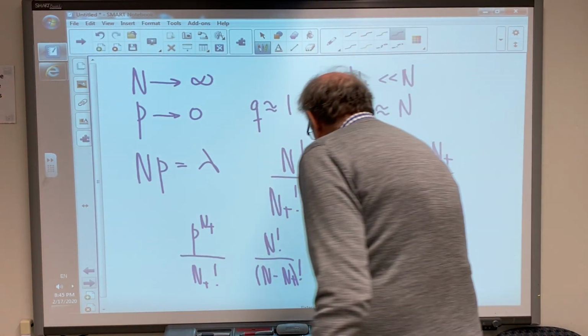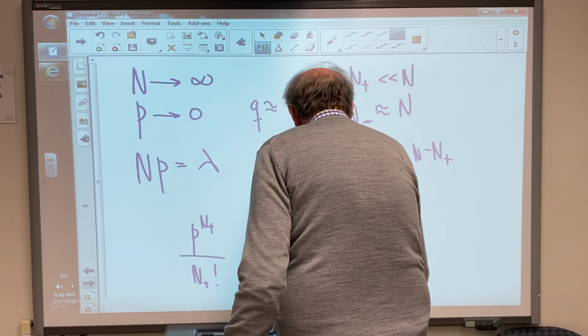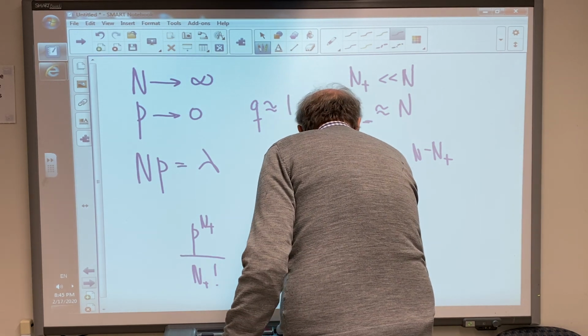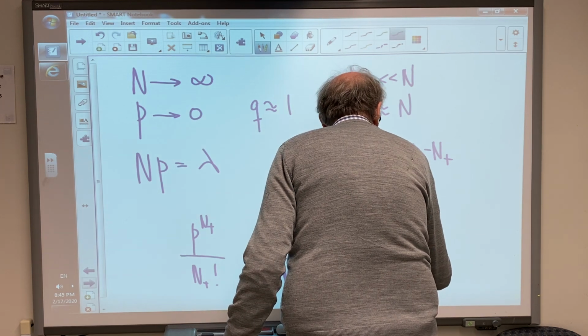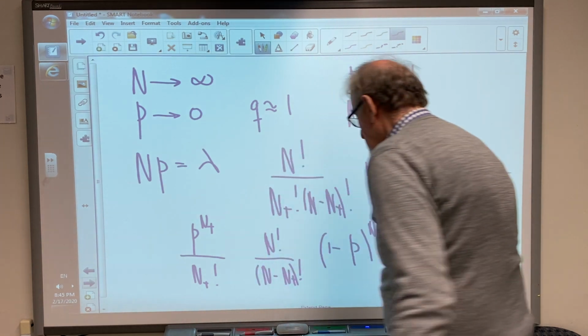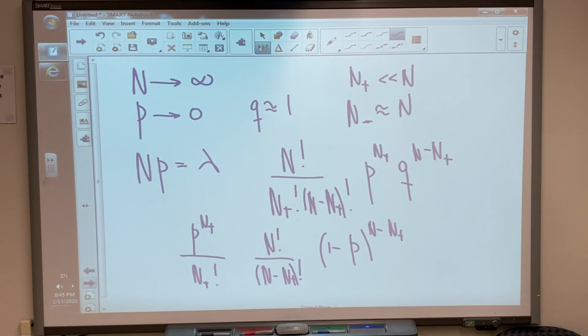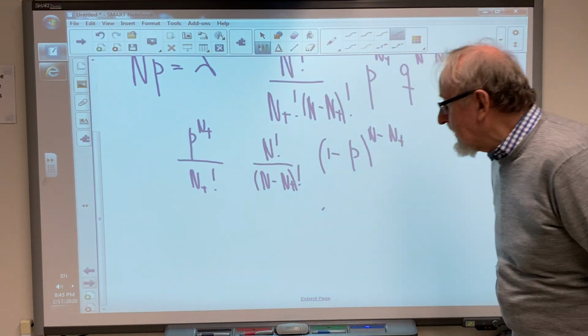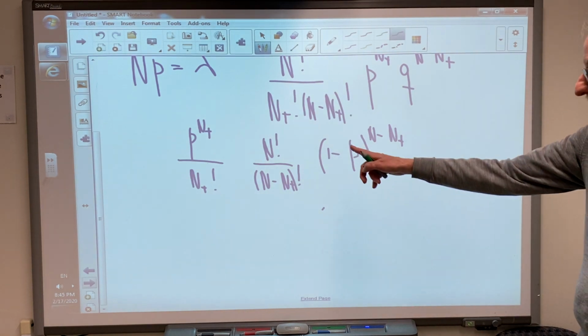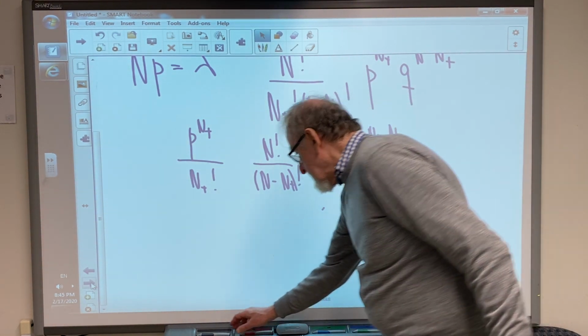And the other quantity I want to approximate is q, which is 1 minus p, to the n minus n plus. So I just rewrote this because I am going to do approximations on the second and third terms. Let me show you the approximation.